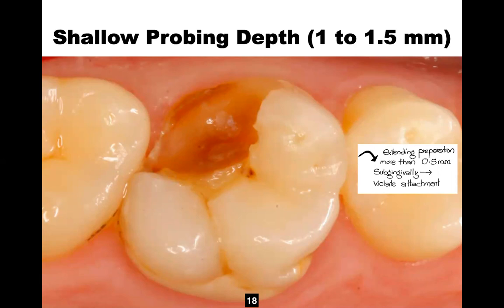The natural tooth structure has been lost. So if you go deep into the subgingival area, or under the alveolar crest, you will eventually violate the alveolar crest and the biologic width.